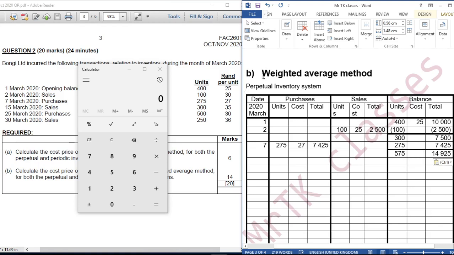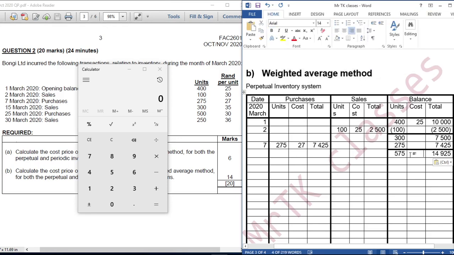That's why it is called the weighted average method.